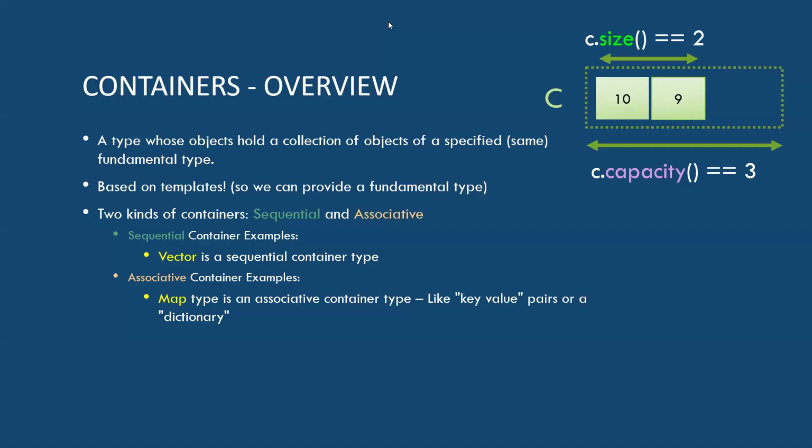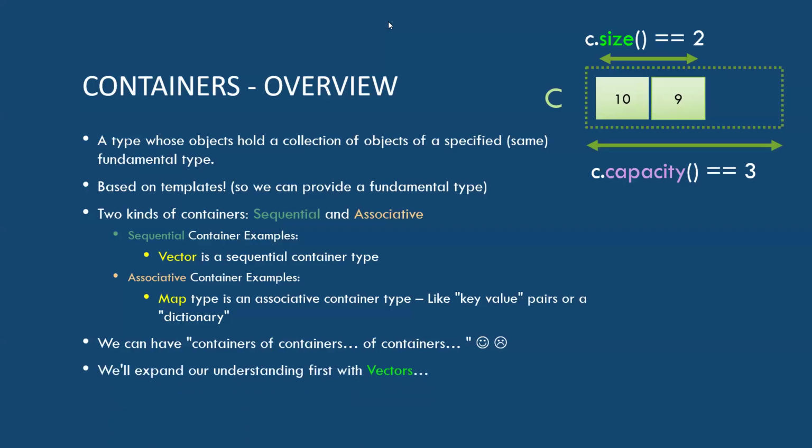It doesn't go necessarily in the order we put stuff in it. It has its own rules about how and whether it will organize the stuff inside of it. So we call that associative. And we can, of course, package these things inside of each other, which is really, really cool and powerful.